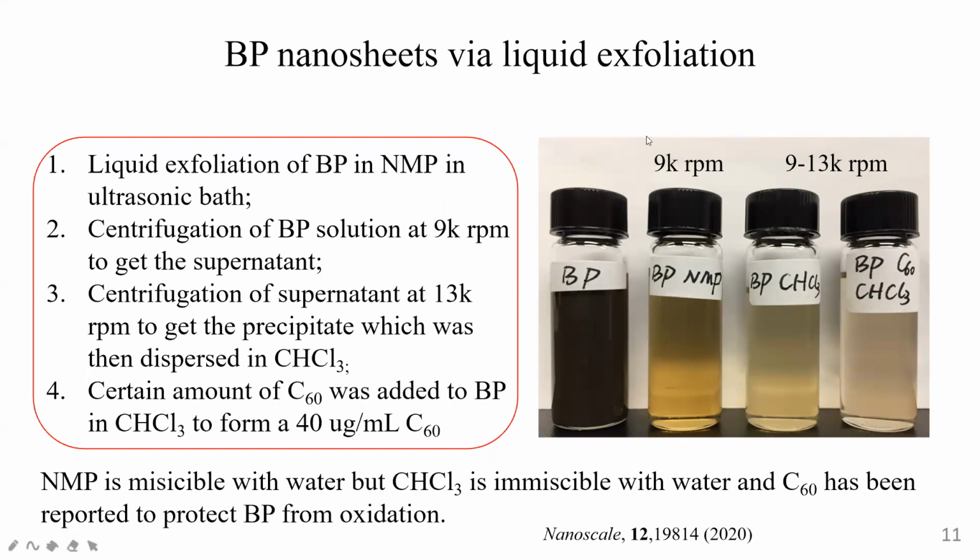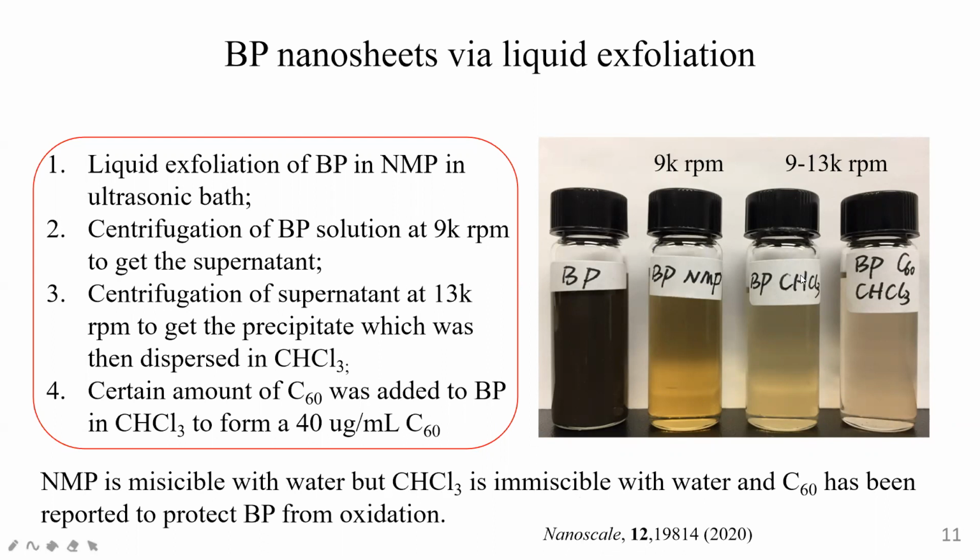After centrifugation to remove the unexfoliated large flakes, we get the supernatant, the second vials. And we also changed the solvent from NMP to chloroform, since NMP is miscible with water, but chloroform is immiscible with water, which will be discussed later on.